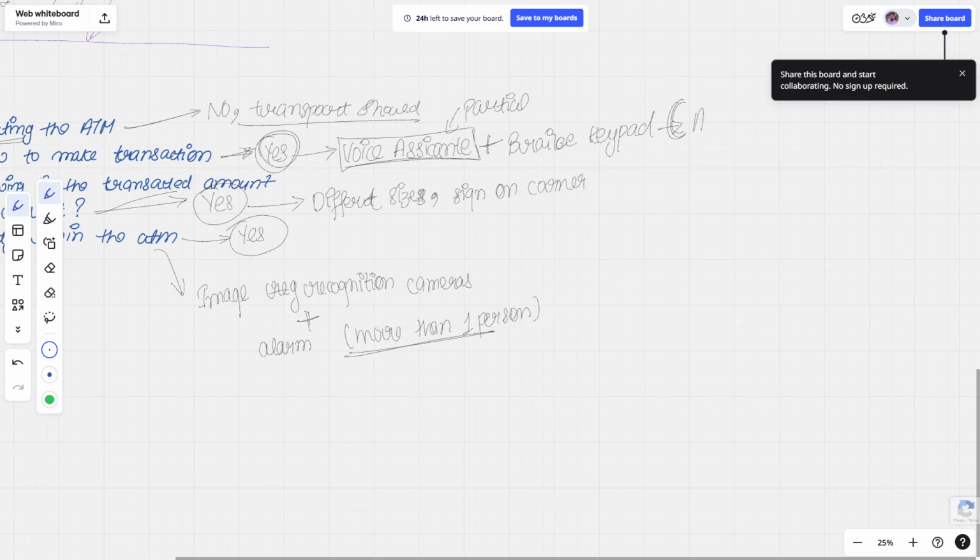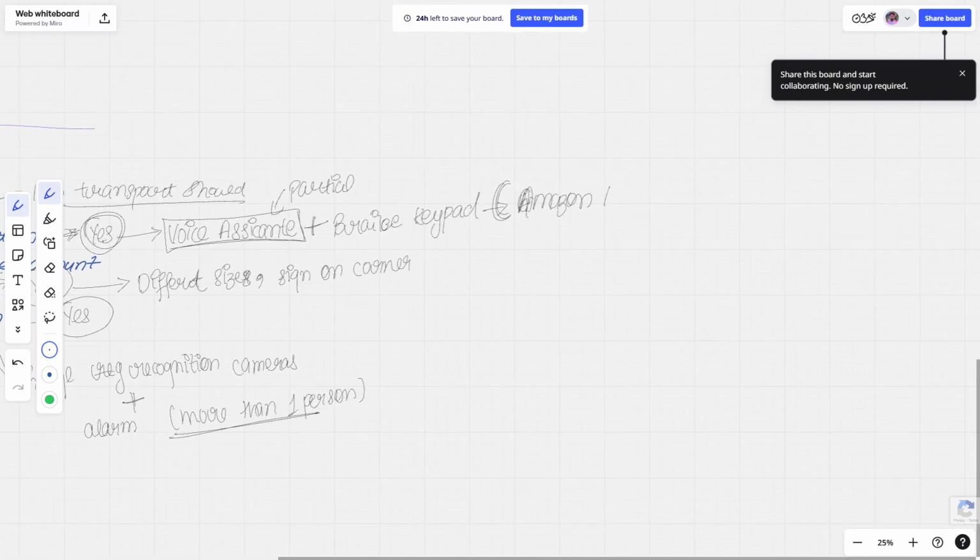There could be Amazon Alexa or some GPT voice assistant available, which can guide the visually impaired people, and it could be totally touch-free and totally voice. The total transaction could be done via voice.